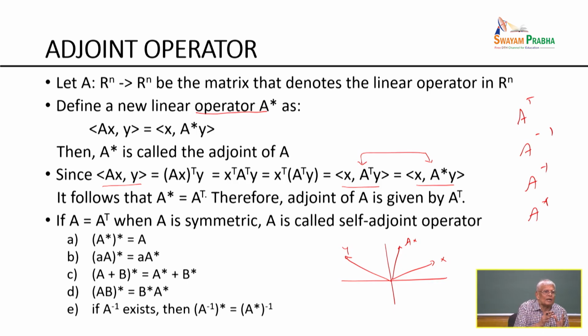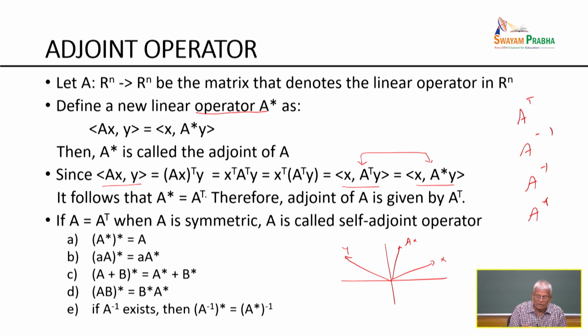If A is a symmetric matrix, A is equal to A transpose. If A transpose is the adjoint, A transpose equal to A is called self-adjoint. So for symmetric matrices, since A is equal to A transpose and A transpose is the adjoint of A, A is its own adjoint. That's called self-adjoint. Everybody, that comes essentially from symmetric matrices.